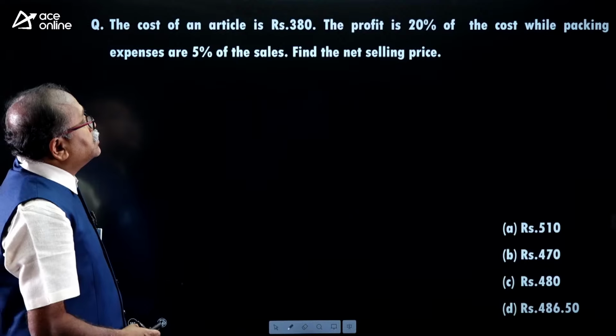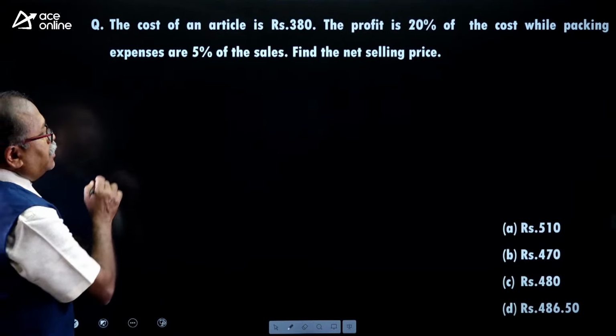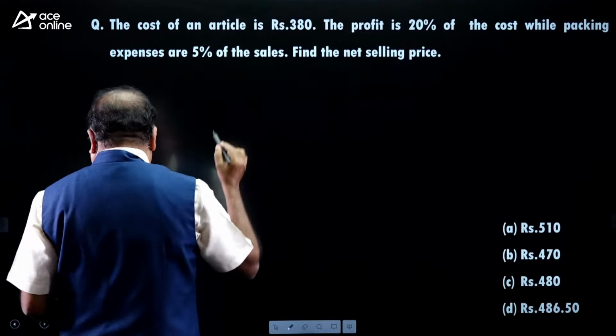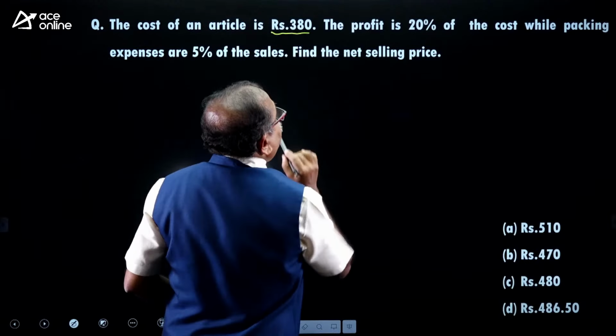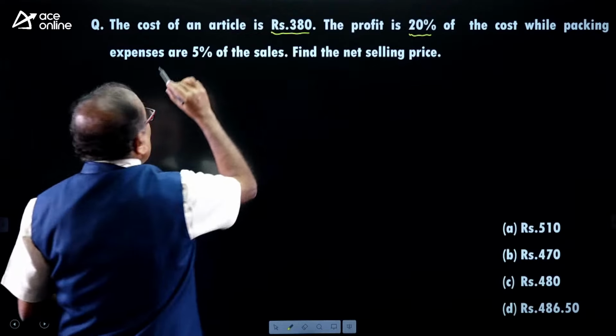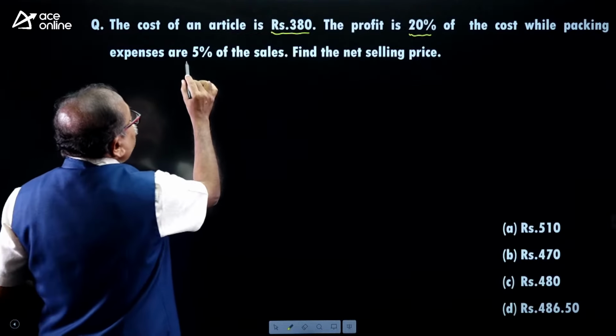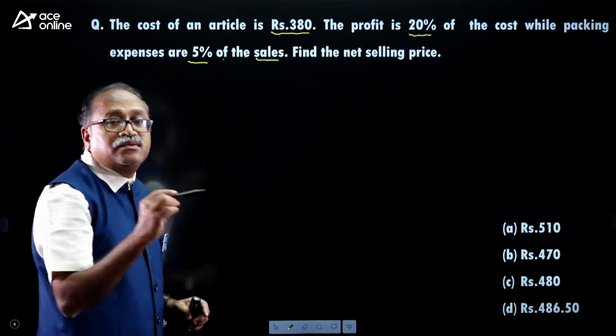Okay, so let's check what is there in this particular question. The cost price of an article is 360. The profit is 20% on the cost price, while the packing expenditure is 5% of the sales.